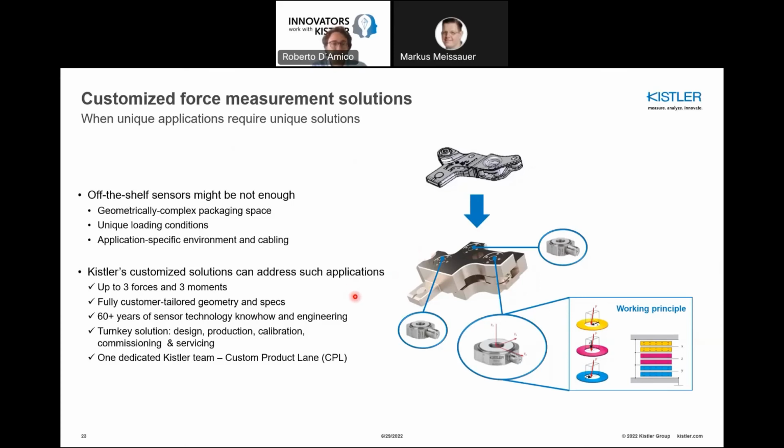And the nice thing is that we can offer our customers more than 60 years of sensor technology know-how and engineering. So these force products Kistler has been doing for more than 60 years, and we can provide all of them to our customers under a turnkey solution, because we start with the design and production, we go through calibration, which by the way is a very important operation because this is really a part where we put a lot of our know-how to make sure that after we have designed a sensor, we are able to tell our customers what type of output this sensor will have under certain loading conditions.